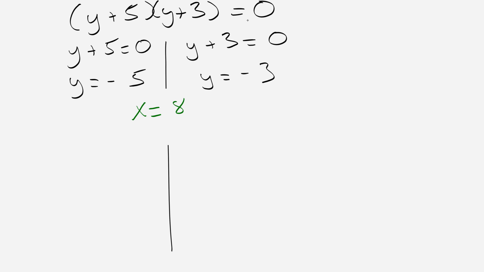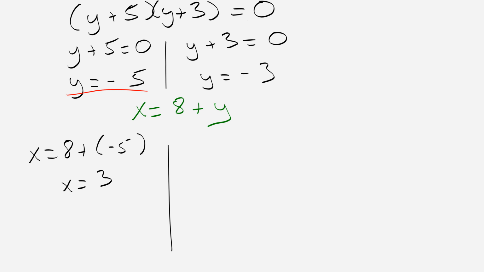x is equal to 8 plus y. And I have the first scenario, when y is equal to minus 5, that means x is equal to 8 plus minus 5. So x is equal to 3. So that means when x is 3, y is minus 5, that's one set of solutions.